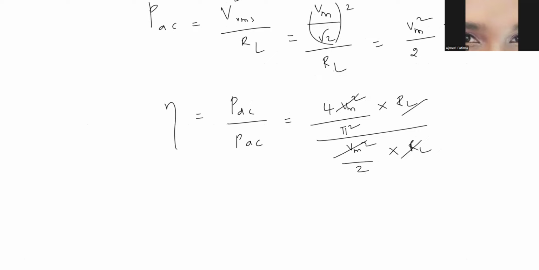So this 2 will go up and it will become 8 by pi square. So efficiency, if you do 8 by pi square, you will get the value as 0.80. If I want percentage efficiency, just multiply by 100. So it will be 80% for the bridge rectifier, nothing but the full wave rectifier.